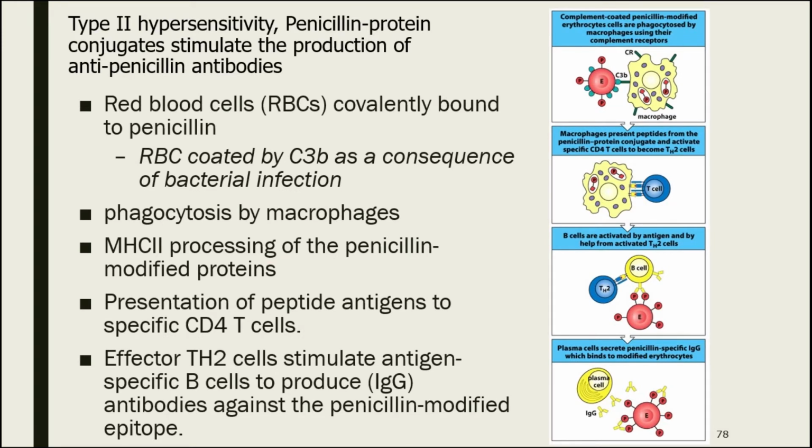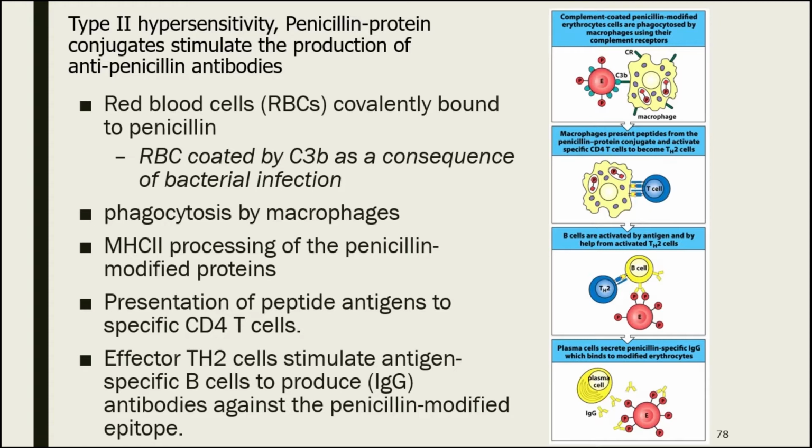Here are some of the mechanisms of what we just talked about. The RBC is covalently bonded to penicillin, and that would be coated by C3b. Why are we taking penicillin? Because of a bacterial infection, so there is some complement activation already.